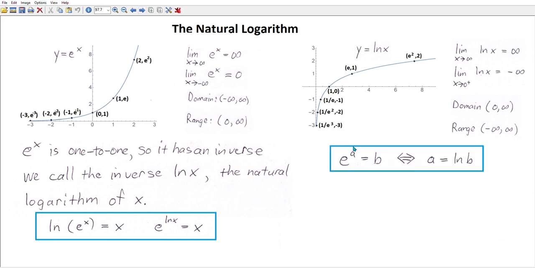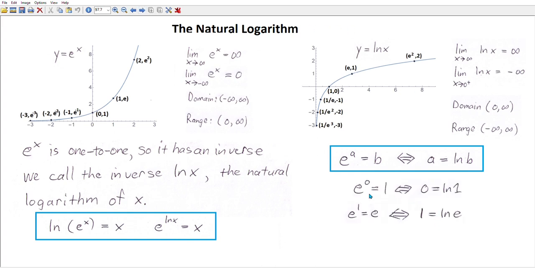e to the a equals b, which is our 2 e squared, is reversed by a, which is 2 is the log of e squared. Okay, so e to the a equals b is exactly the same statement as a equals the log of b.